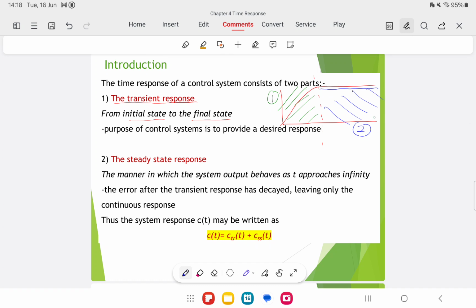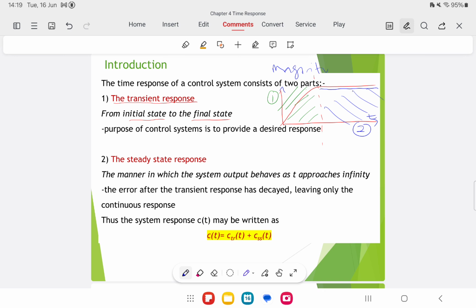Kalau kita set yang bawah is the time, x-axis is the time, okay, y-axis is the magnitude. Okay, kalau kita set the time is infinity, impossible lah pula our system nak infinity kan. So might be lots longer period of time, so the system dia tak akan fluctuate dah, due to the stable condition.